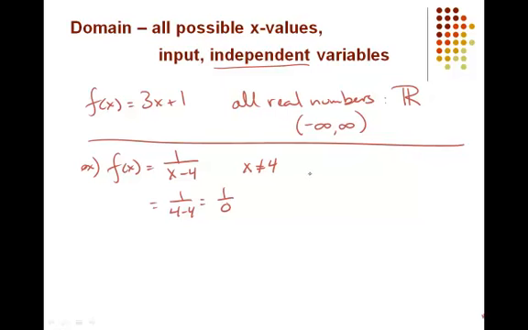So we can write this a couple of different ways using our set notation. It is the set of all x values such that x is a real number and x is not equal to 4.